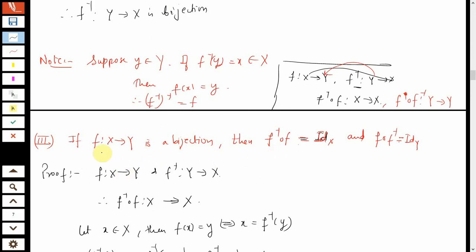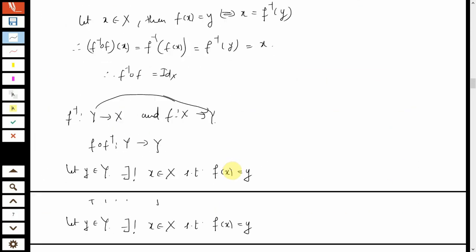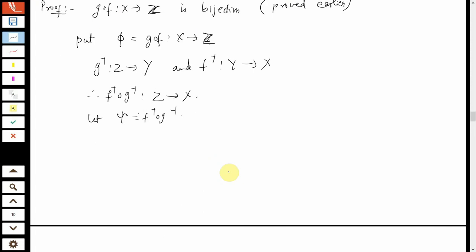Then F inverse will satisfy this: F inverse composite F is an identity map over X, and F composite F inverse is an identity map over Y. So in this case, it's enough to show that phi composite psi is an identity map over Z, and psi composite phi is an identity map over X, as the domain of phi is X and the codomain is Z.